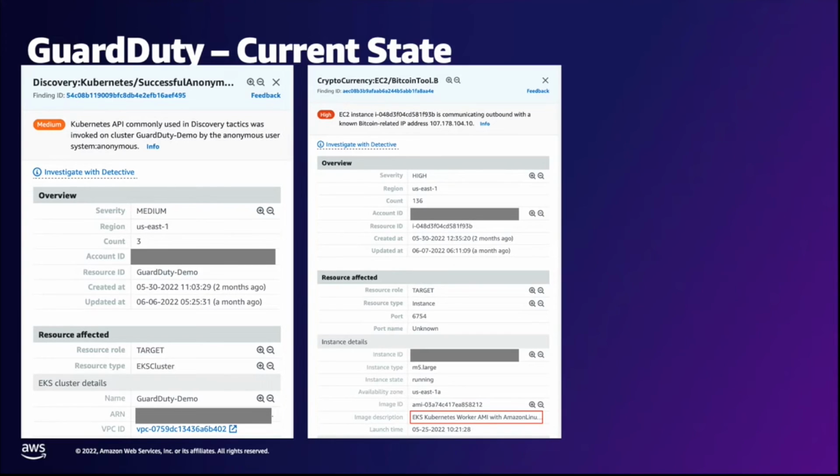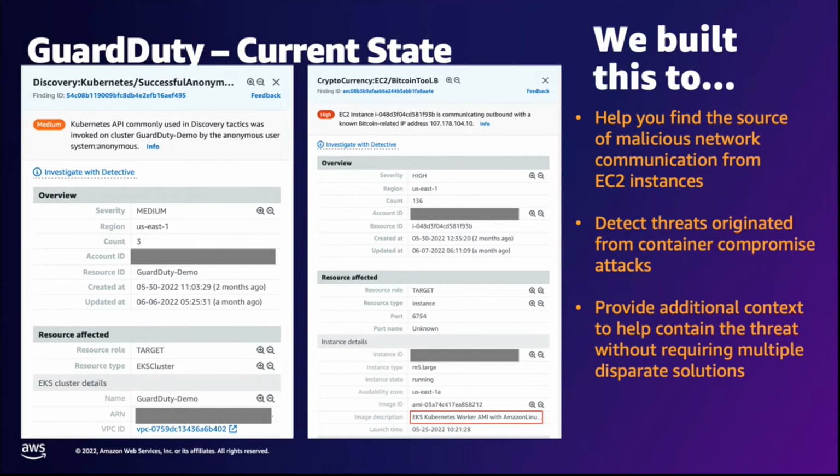And the good thing is that you can use these findings to provide insights for the customers, and to address all of this. We built this feature to help identify all of these problems, to detect threats originated from containers, compromise attacks, and so on and so forth.